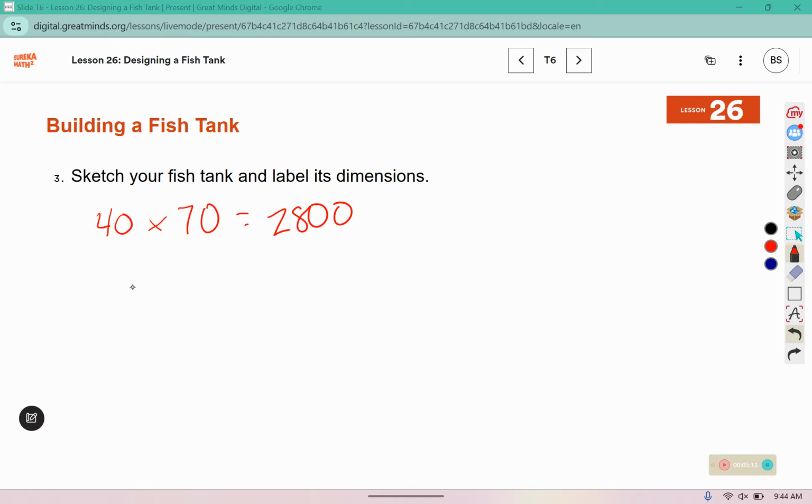So let's see, if I multiplied the base area by a height of 20, that would give me 56,000 cubic centimeters. So that's enough. So my fish tank is 40 by 70 by 20.